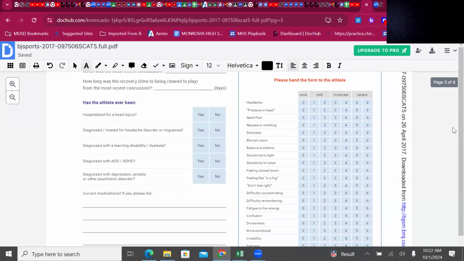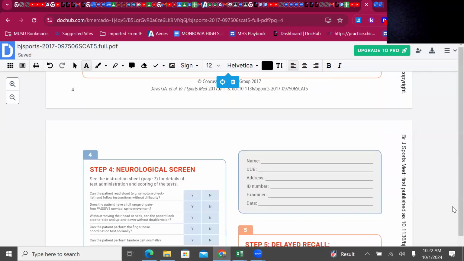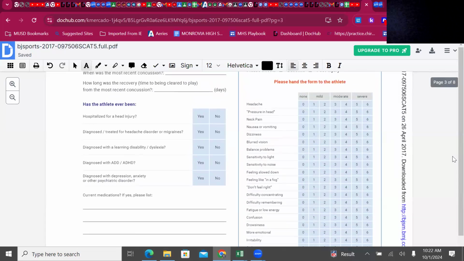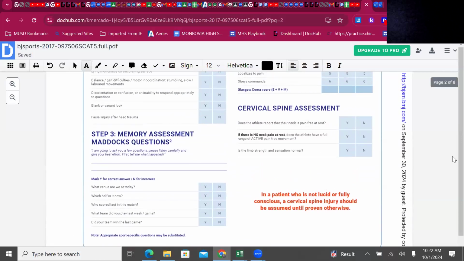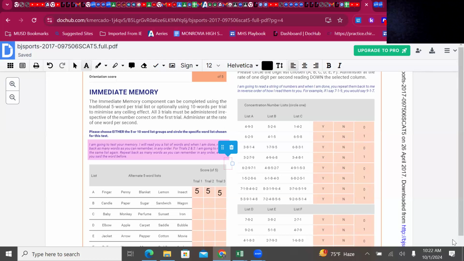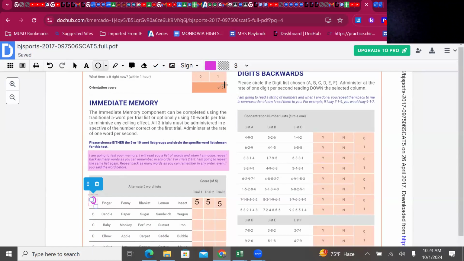On this test, because I use A, I would circle A. If I use B or C, I would circle B or C. Now, going back to concentration digits backwards, the direction is: I'm going to read a string of numbers.